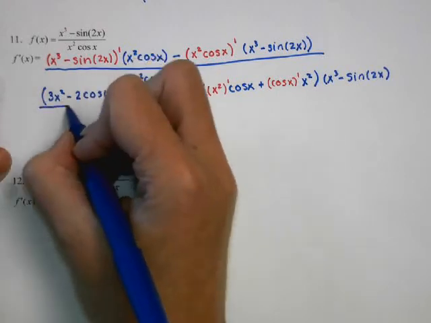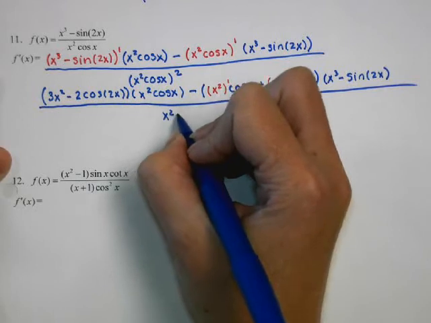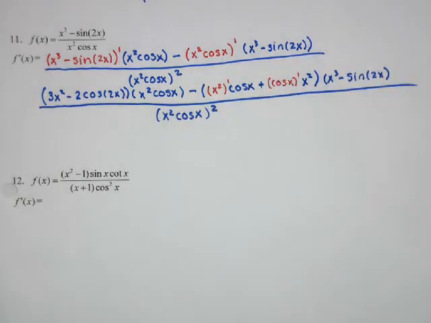All over (x squared cosine x) squared. So we have one more row here.